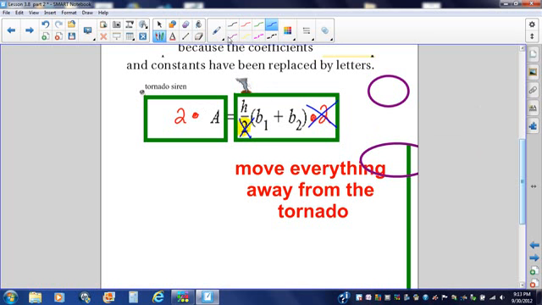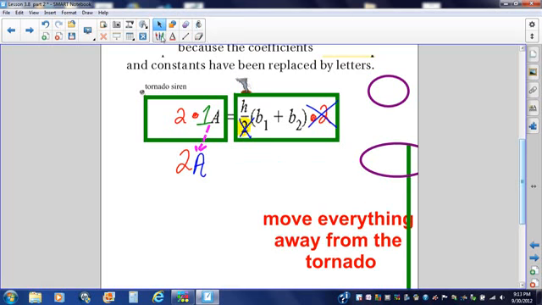Over here on this side of my equation, I am going to write that imaginary coefficient of 1, and 2 times 1 gives me 2, and my dog, ruff, ruff, follows me wherever I go, so that's 2a. Now I'm just going to copy down the rest of my equation, equals h, which is my tornado. Make sure that you draw a tornado on top of the h.